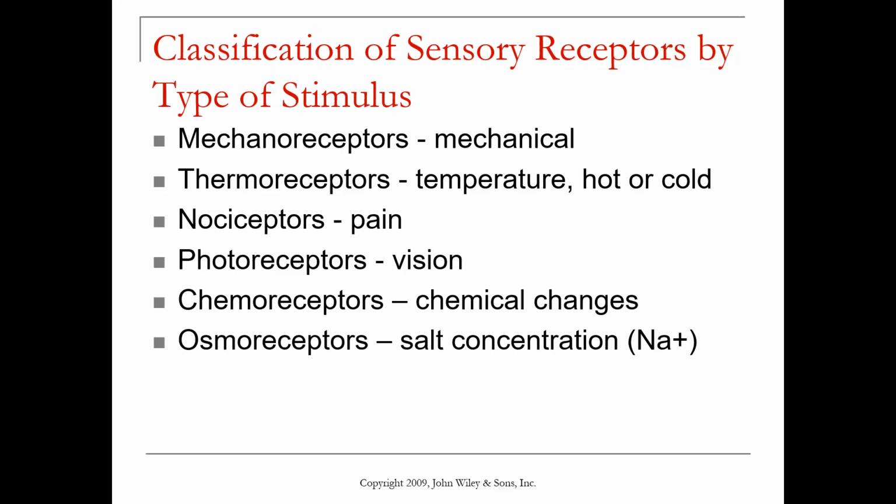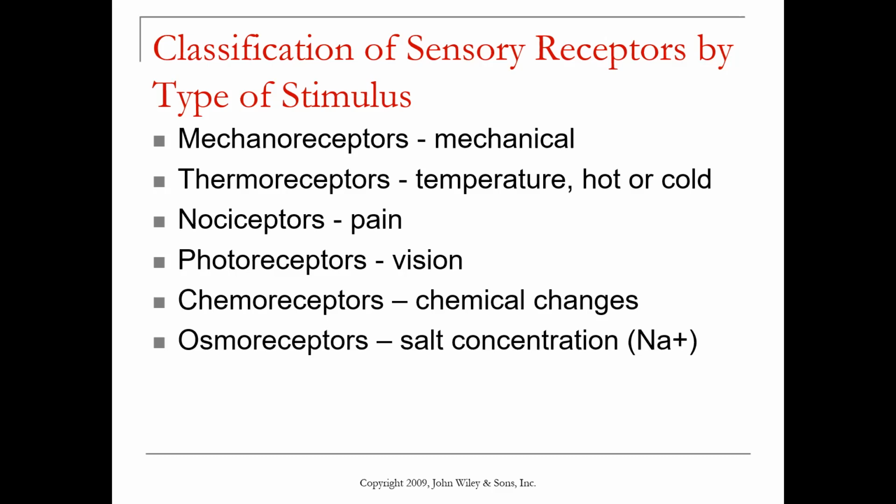You're stretching your bladder. Very simple mechanoreceptor is the vibration of sound waves. Sound waves vibrate. They're pressure. Sound waves are pressure waves, and they cause our tympanic membrane, our eardrum, to vibrate, and we convert that into a nerve impulse. That's a mechanical stimulus. So is touch.